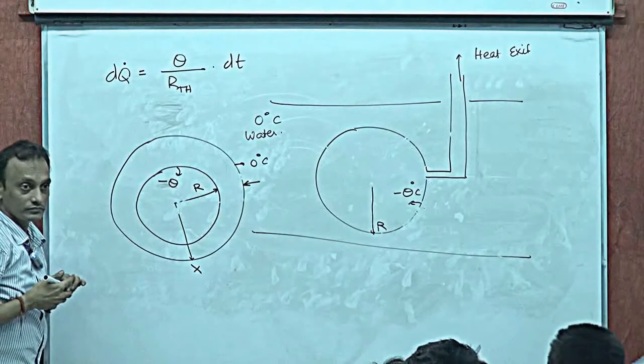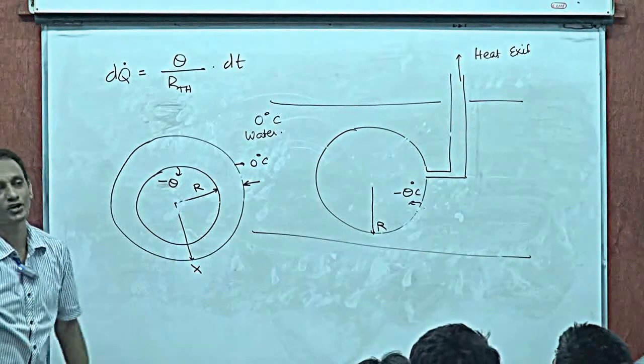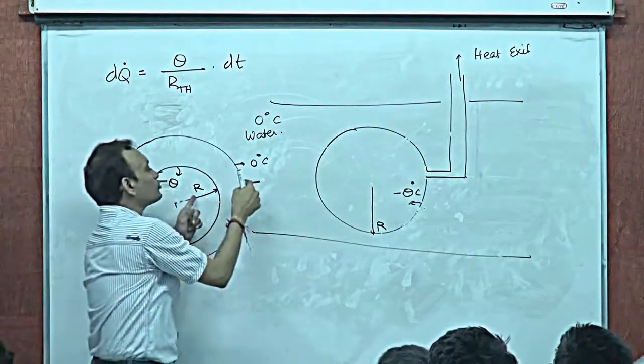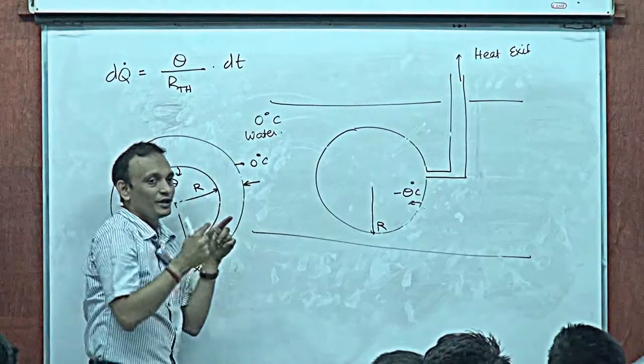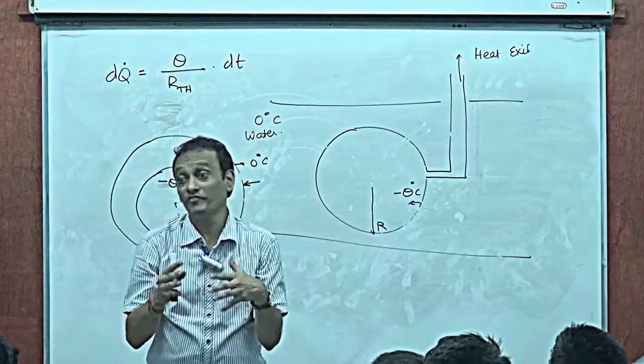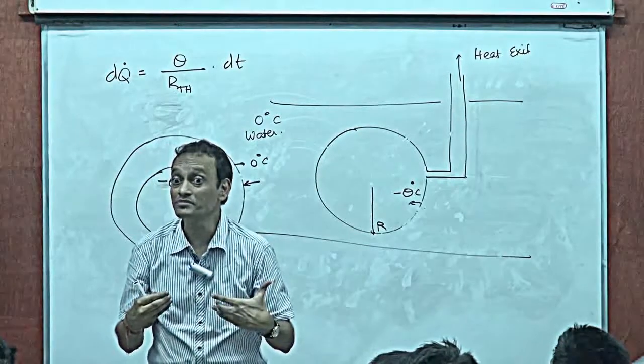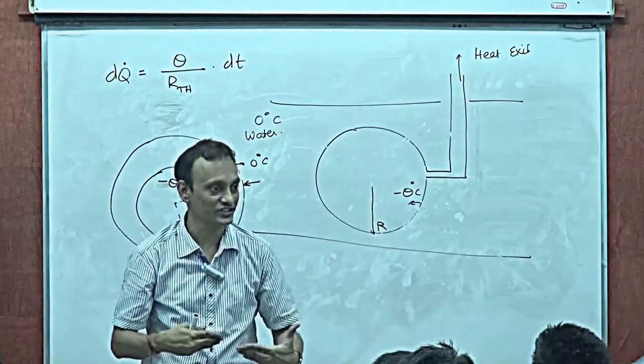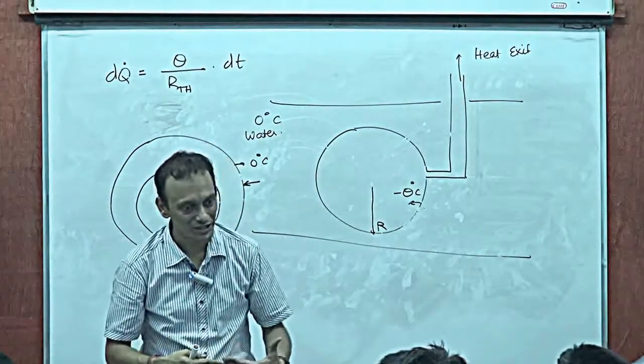Now where does this dq dot go? When this amount of heat goes from here to here, where does this heat come from? It comes at the expense of formation of ice.